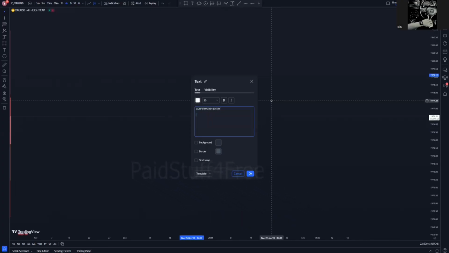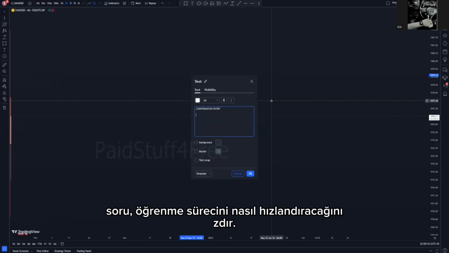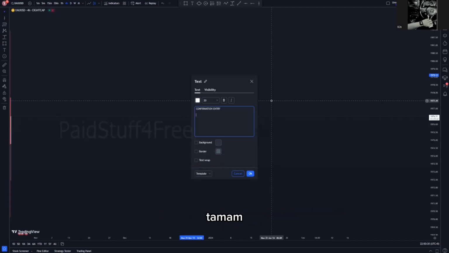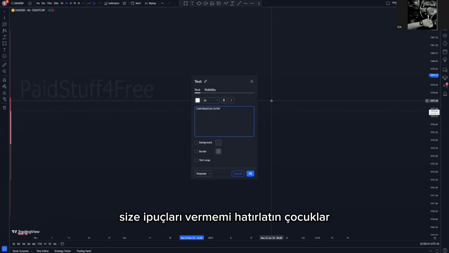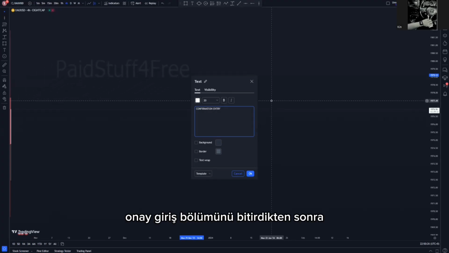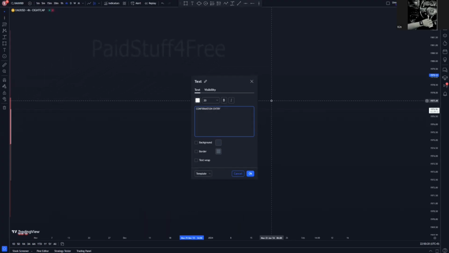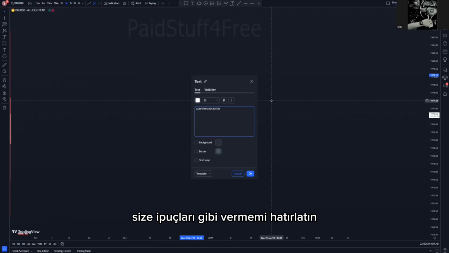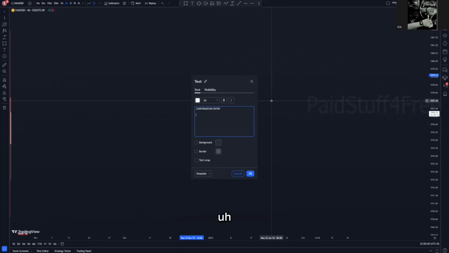The question is how to speed up the learning process. This is my tip for you guys, but remind me to give you the tips after I finish the confirmation entry part. It's from one of my friends, which I think you saw in the group chat.